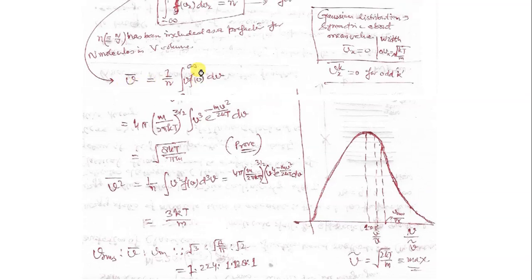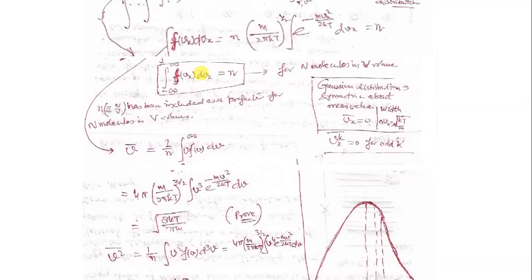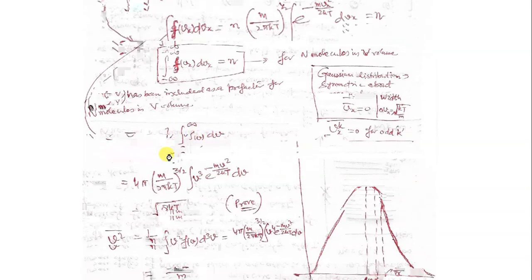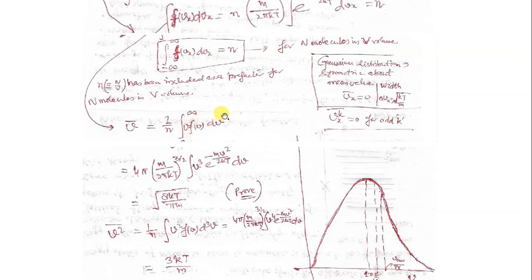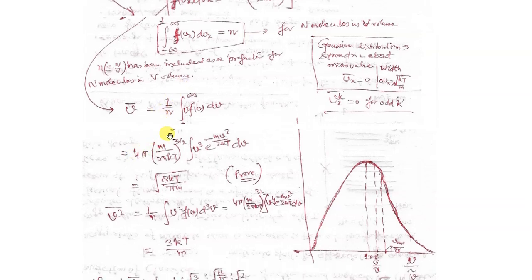So using this distribution function, we can determine average speed, that is 1 upon n, v multiplied with the Maxwell-Boltzmann speed distribution function dv. f(v) contains the small n factor, so n upon n cancels out, and you will land on this equation.